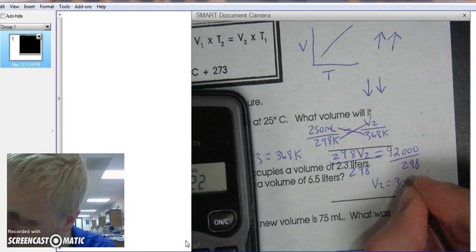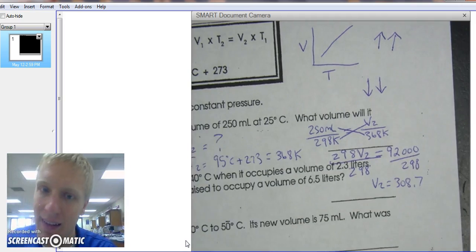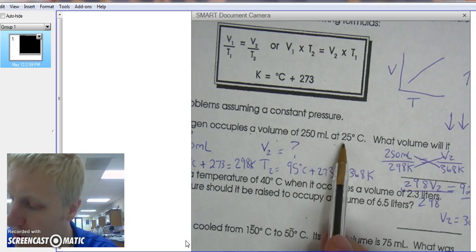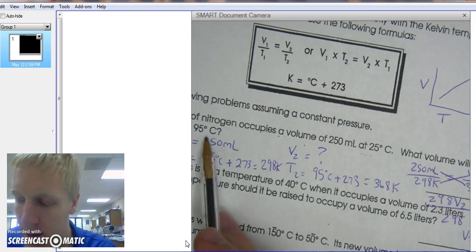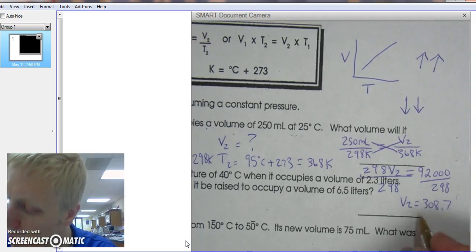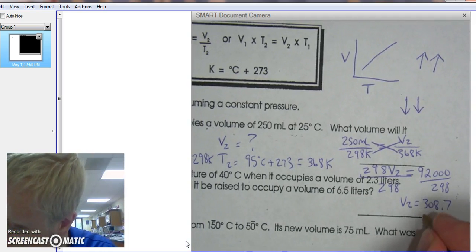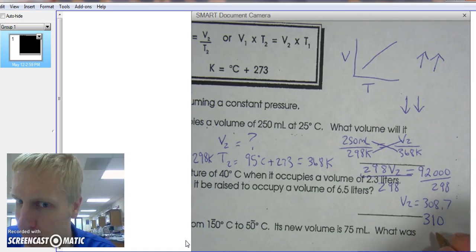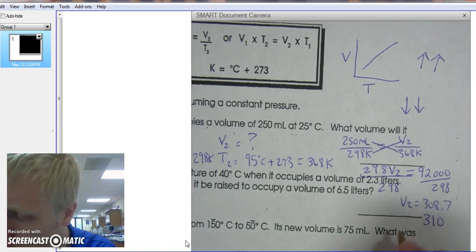V2 equals 308.7. I just need to double check sig figs. 250 has 2. 25 has 2. 95 has 2. So I need to have 2. I'm going to round this 8 up to a 1. It gives me 310. I'm not sure what my units for volume are, so I'm going to double check.